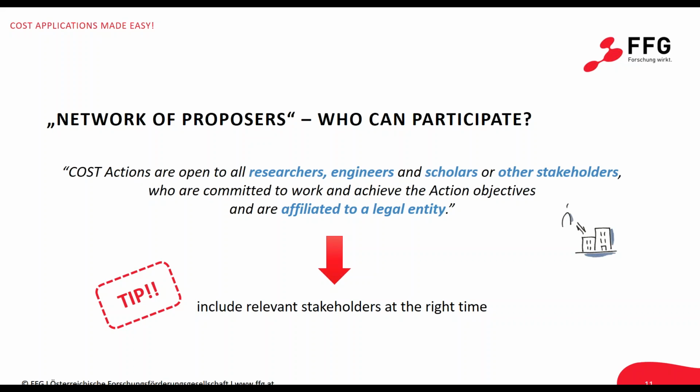For example, when you think about public authorities and bringing your research to a stage where you really want to have an impact on a local, regional level, and you need public authorities to bring that further, then you could bring someone in, and you would maybe do that rather at the end of your COST action, while at the very beginning or for the whole runtime, it would not necessarily be relevant to have this person there all the time.